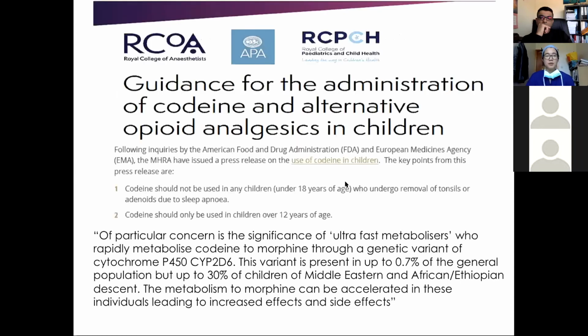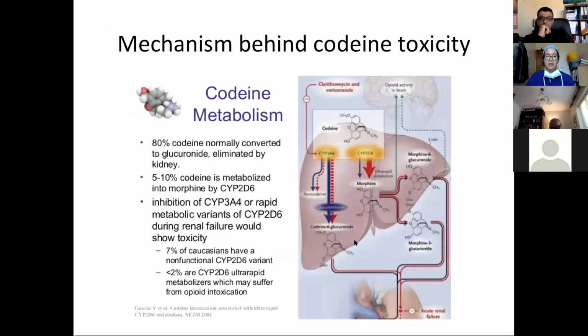In terms of codeine, I'm sure you all are aware of this. There are problems with people who can't metabolize it, and also the ultra-fast metabolizers. The problem with ultra-fast metabolizers is they'll have loads of different side effects with codeine.